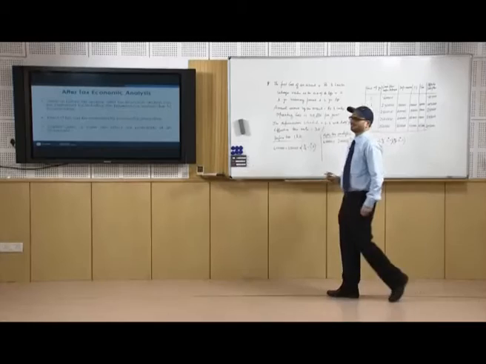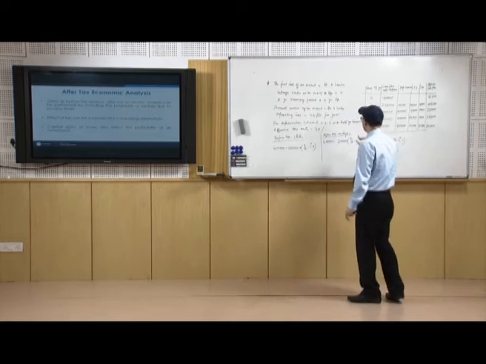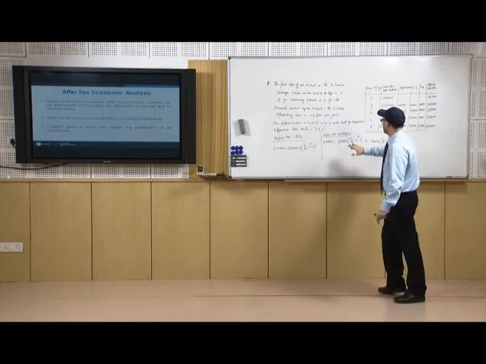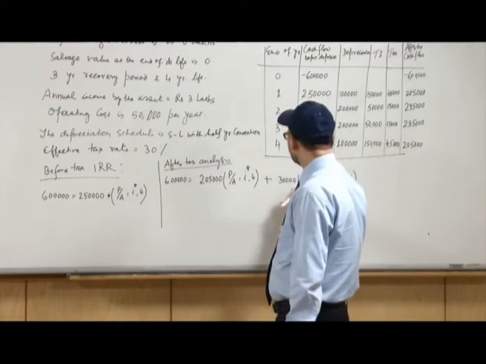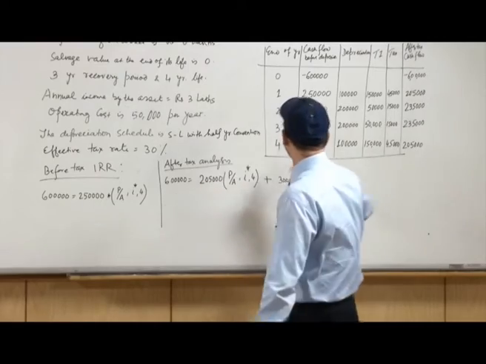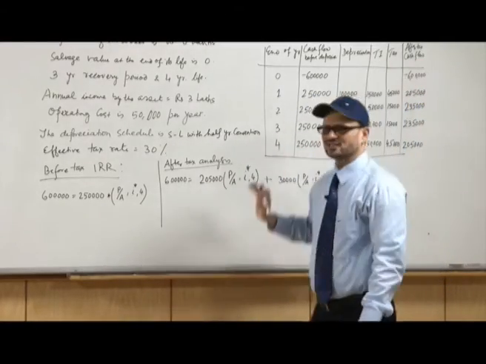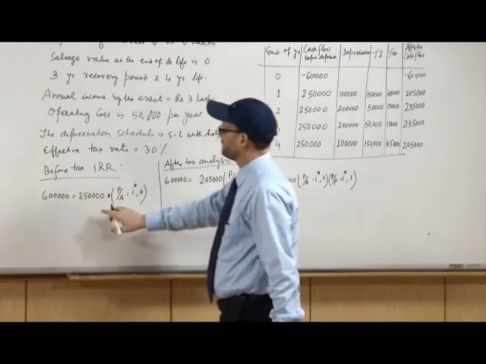So, basically you can get the rate of return using the before tax analysis and for the after tax analysis by equating the values, or setting the final present worth equal to 0, and i star using this can be found out.